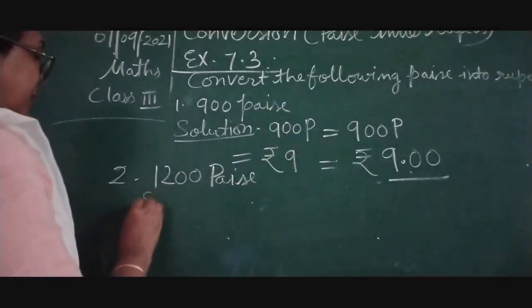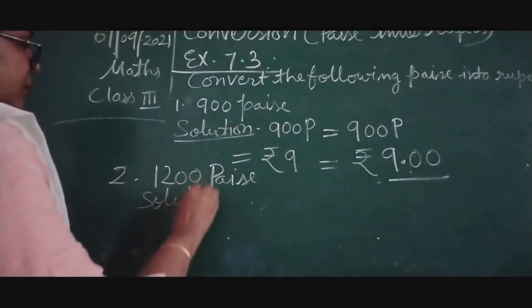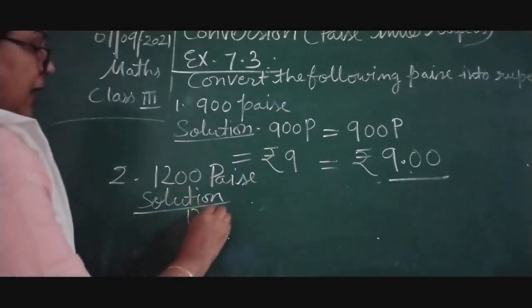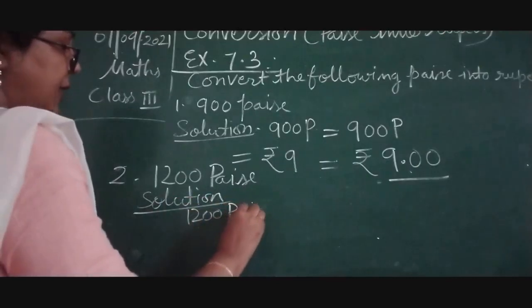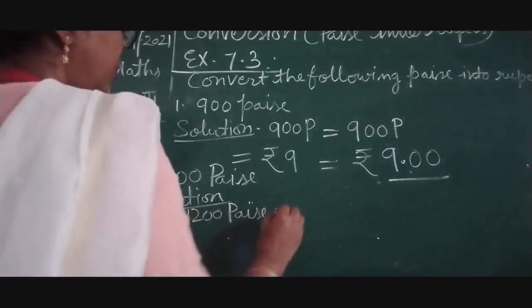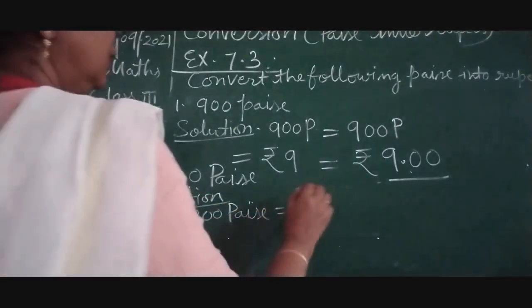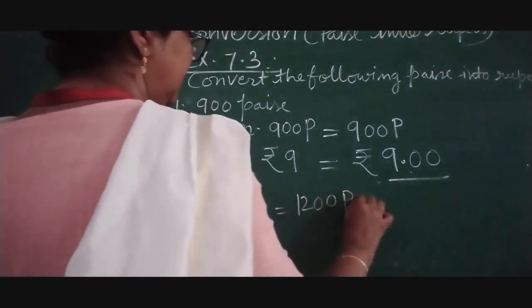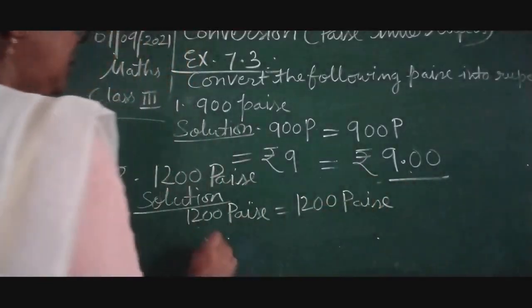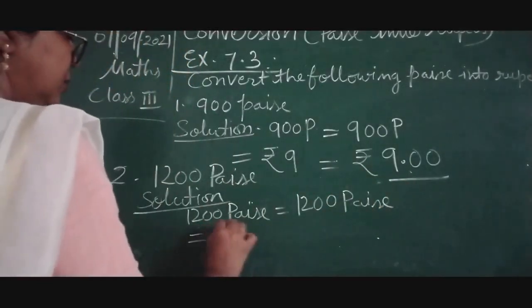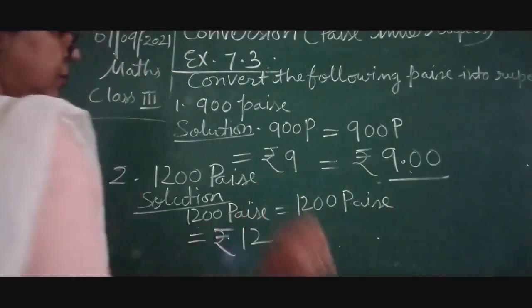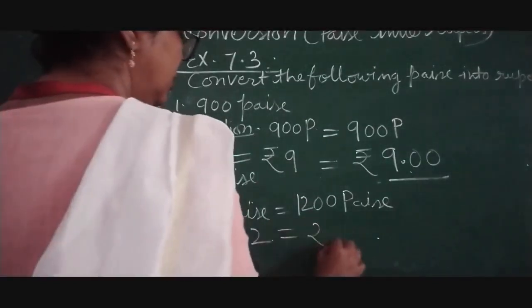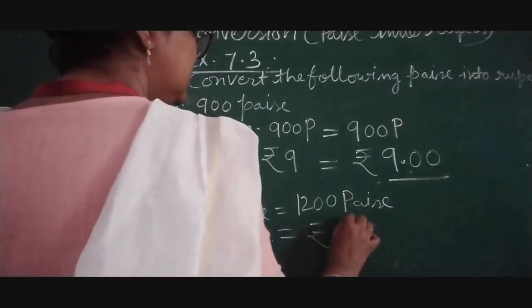First of all, we will write the solution. 1200 paise equal to 1200 पैसे. ठीक है, रुपीज़ 12. ओके, रुपीज़ 12 इक्वल टू रुपीज़ 12.